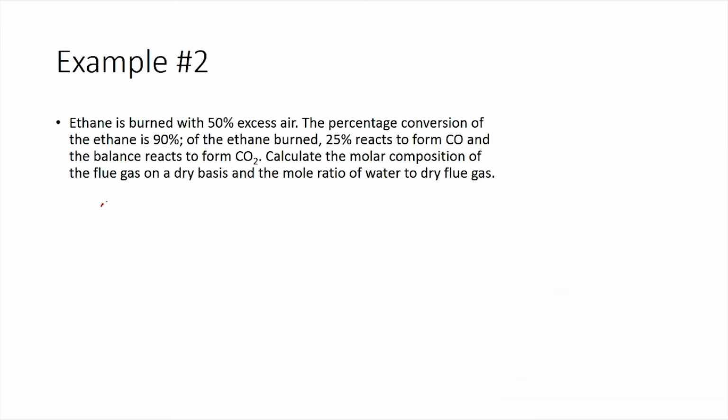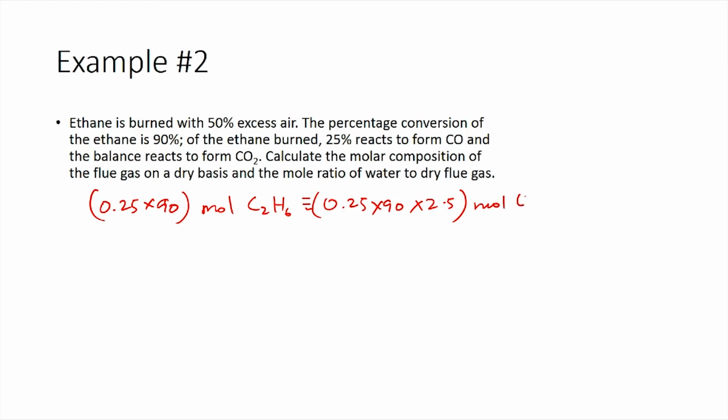We know that 0.25 times 90 moles of ethane went into partial combustion, which means 0.25 times 90 times 2.5 moles of oxygen was consumed.